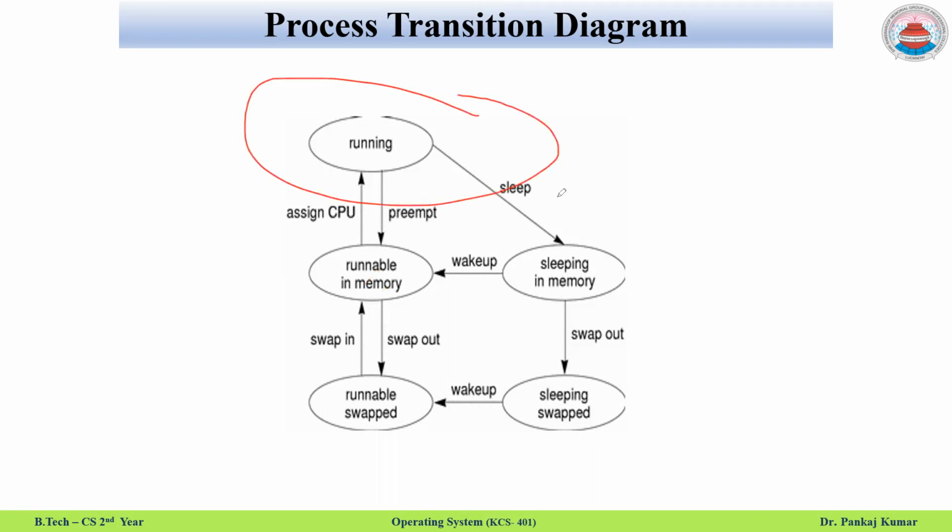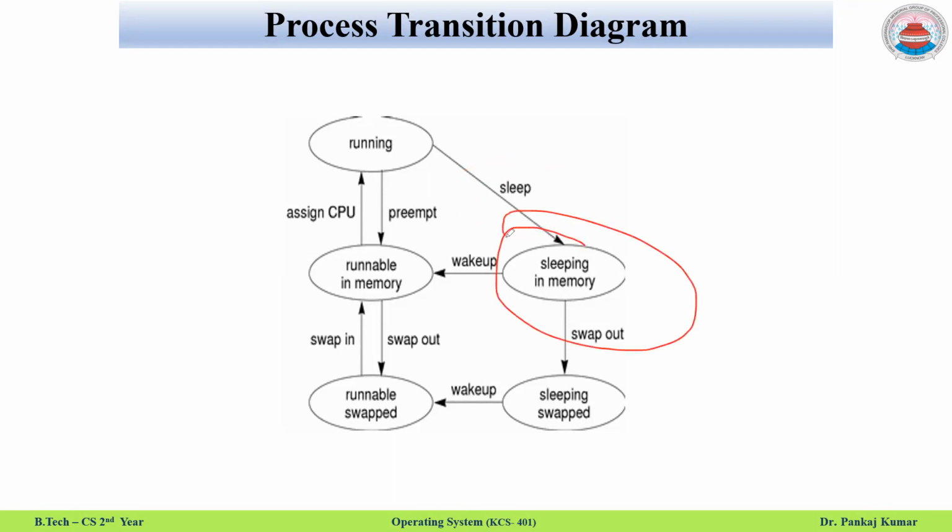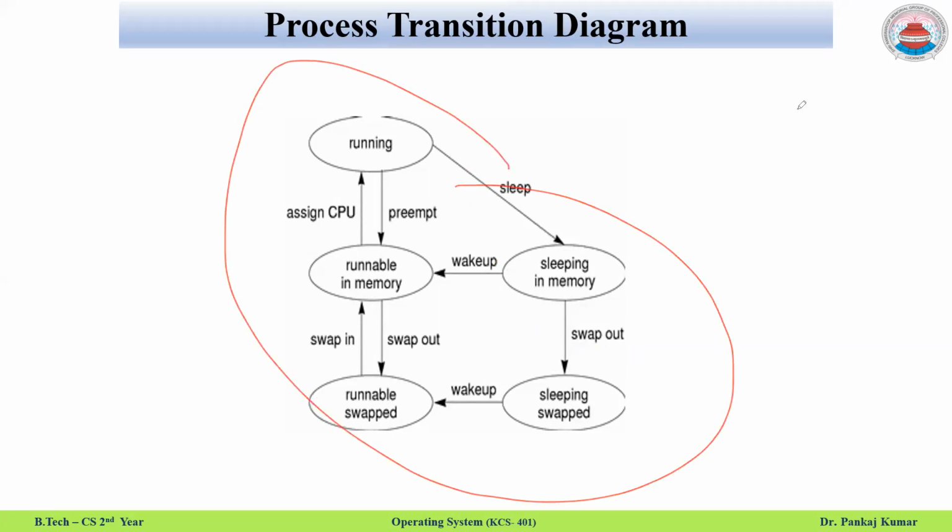And any process which is not in running status, meaning it is not currently executed, and it is also not waiting for CPU, meaning it is in sleep condition, is called the sleeping phase. So this whole thing is called the process transition diagram.